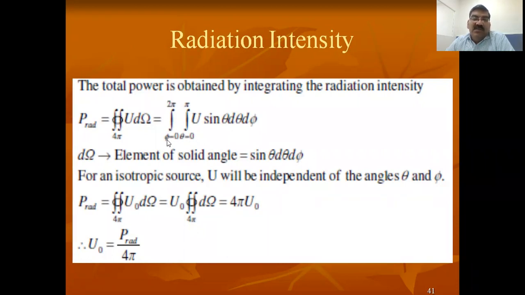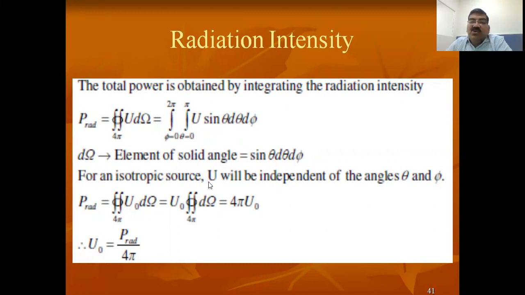Always remember this for the complete sphere: theta is 0 to pi and phi is 0 to 2 pi. U is the radiation intensity, sine theta d theta d phi. So d omega, the element of solid angle, is represented by this.